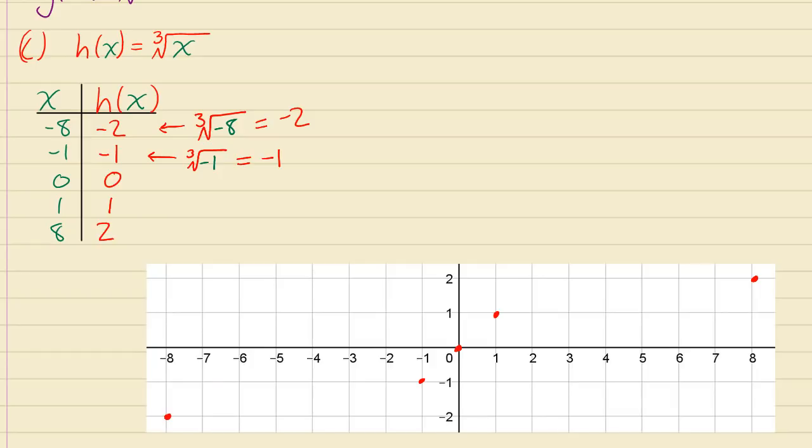You were not allowed to take a square root of those negative numbers, or you get something imaginary, so there's no points out here with the square root. But with negative values of x in a cube root, it's okay. So you get something that basically looks like that.